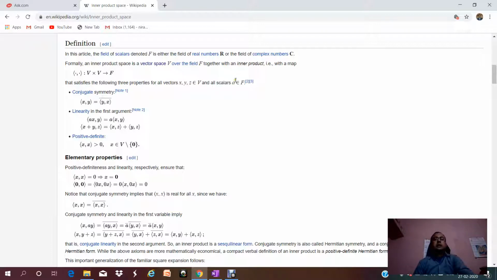So how does the operation operate? There are three axioms that must be fulfilled.